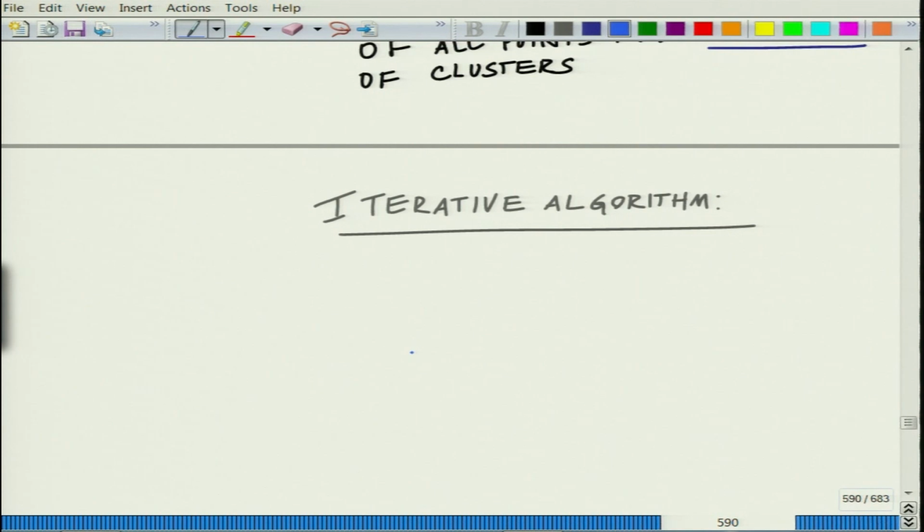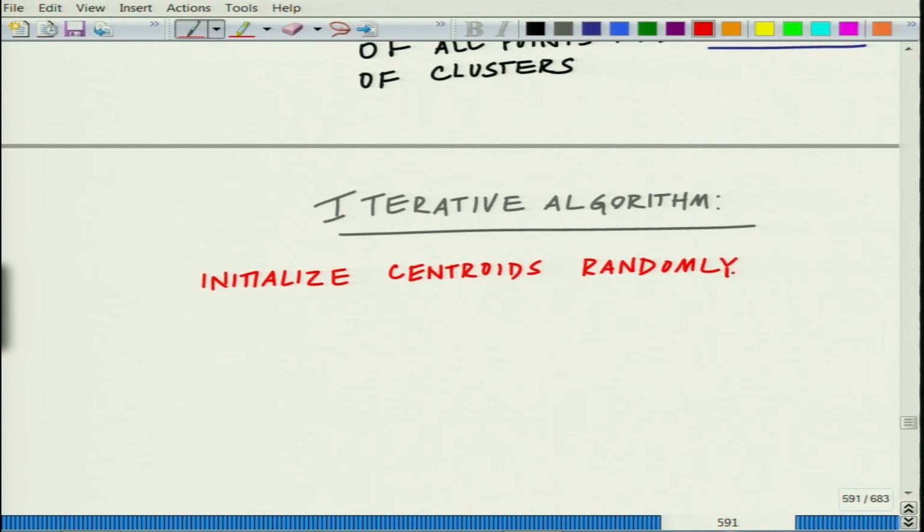What is the iterative algorithm? Start with, or we say initialize, these cluster centroids randomly or uniformly. Choose some feasible sort of assignment.